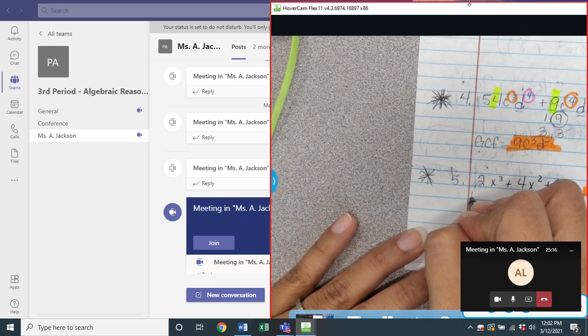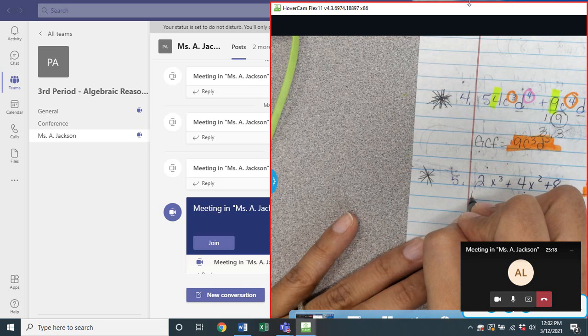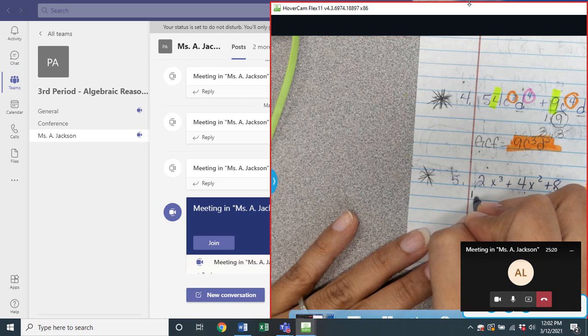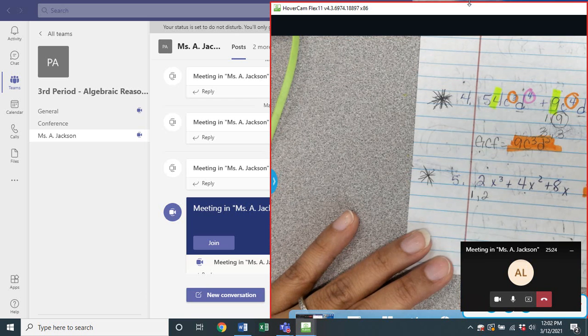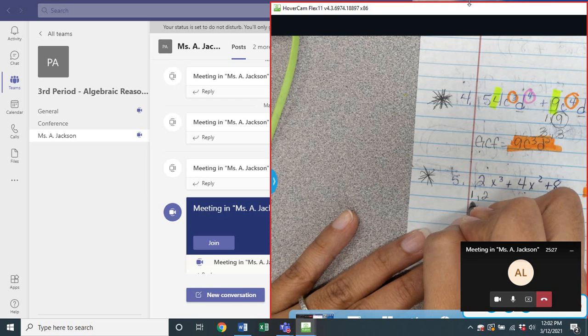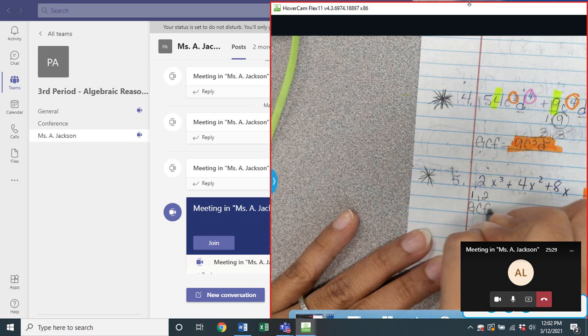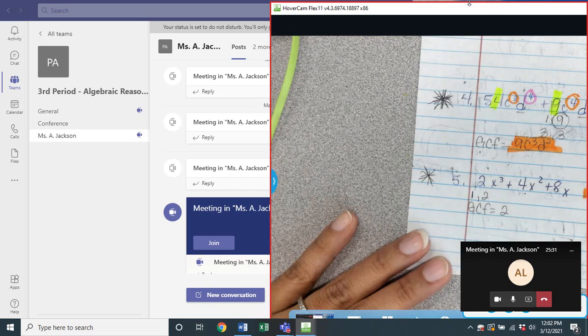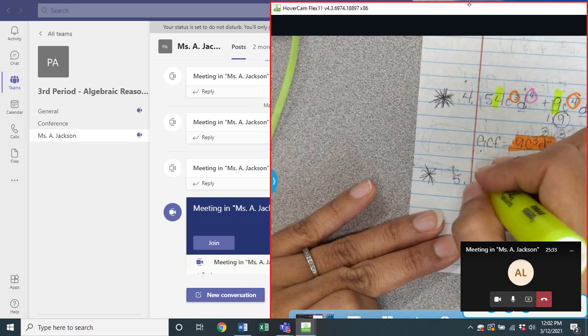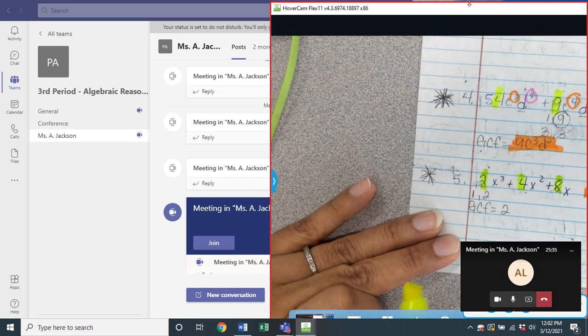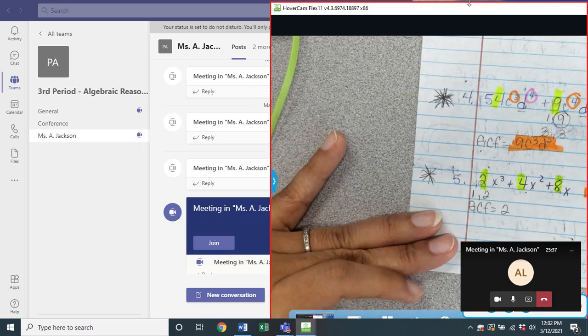Okay, good. What are my factors for 2? 1 and 2, good. So I know that my greatest common factor equals 2.